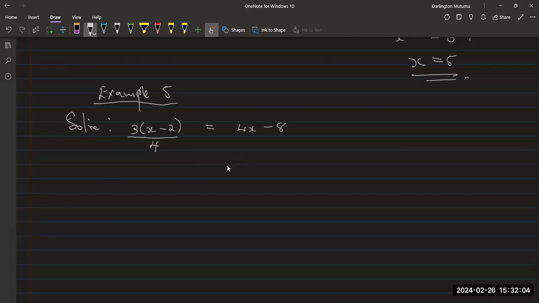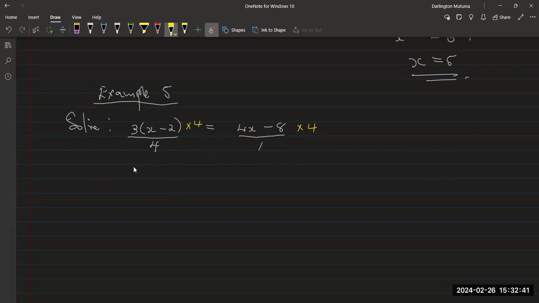I said the first way is to clear the fraction. So this denominator is over 1. So what is the common multiple? That's going to be 4 times 1, 4. So you are going to multiply everything by 4. So if you come here and multiply by 4 and multiply here by 4, what are you going to have?